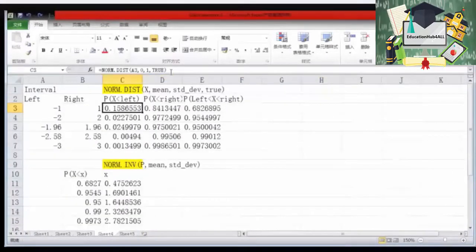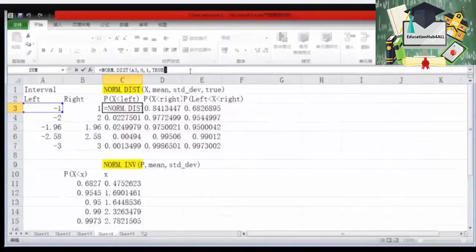So basically this function tells us the probability when the A is lower than -1. And we have another probability. So here we ask the probability between -1 and 1, right? So here, let's say it's 1. This is the -1.